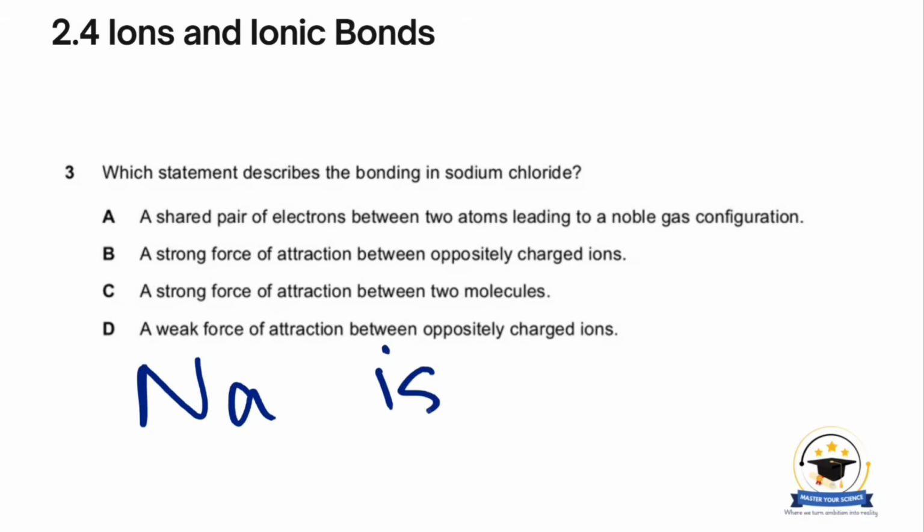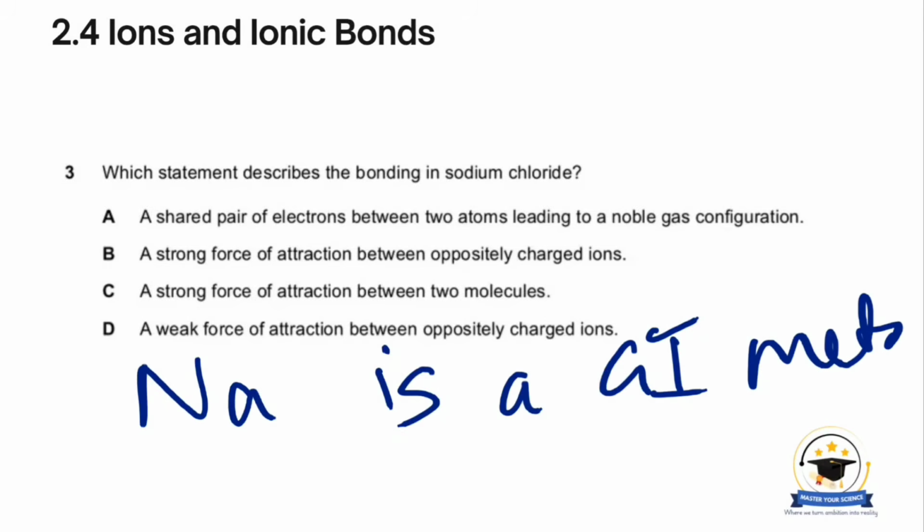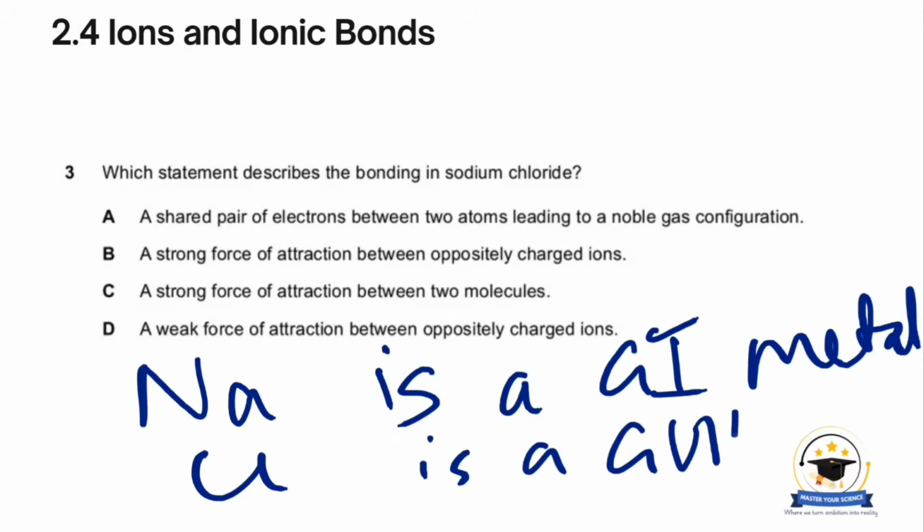Sodium is a group 1 metal, and chlorine is a group 7 non-metal. So sodium, being a group 1 metal, will prefer to lose the 1 electron that it has in its outermost shell in order to achieve the noble gas electronic configuration. So it will have a charge of sodium plus.